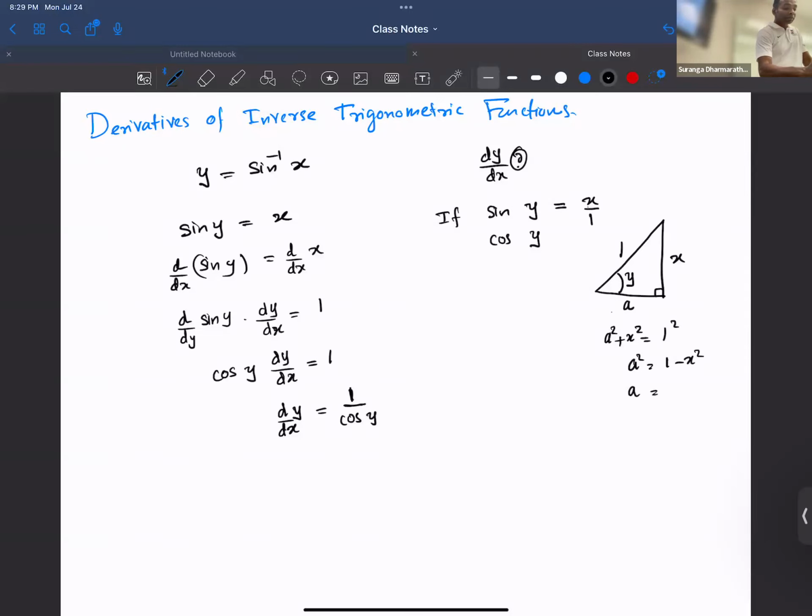What is a equal to? Square root of 1 minus x squared.